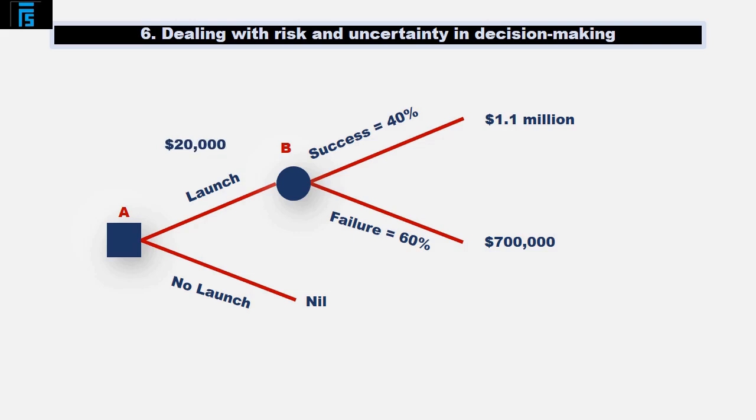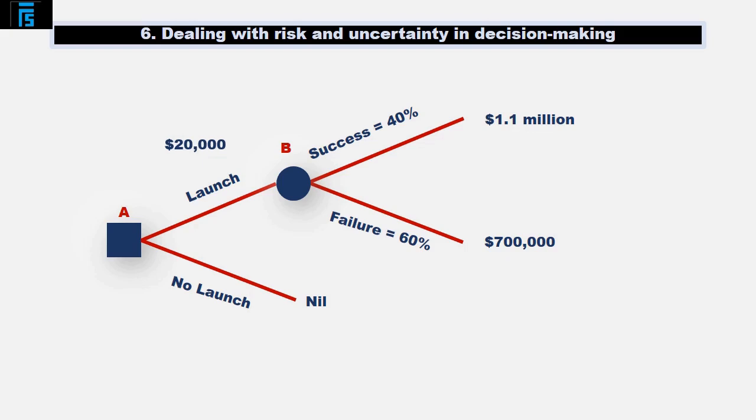Rolling back to node A, Jack has a decision to make. He can choose which leg to go down, and he'll choose the leg with the highest value associated with it. If he launches, it will be worth the $20,000 at node A on average. If he doesn't, he'll get nil. So based on expected values, he will launch.